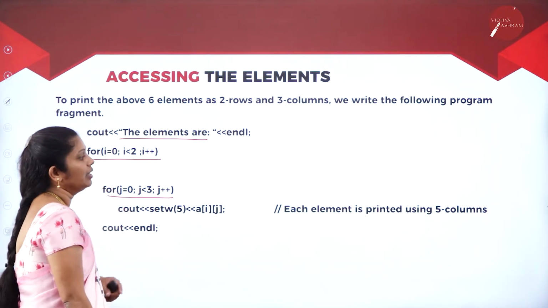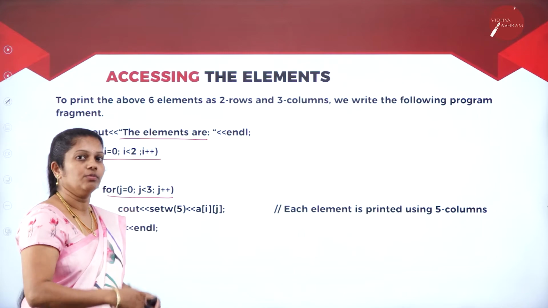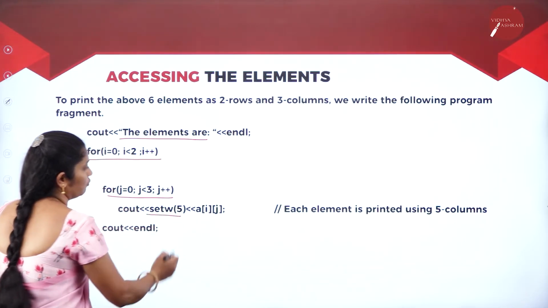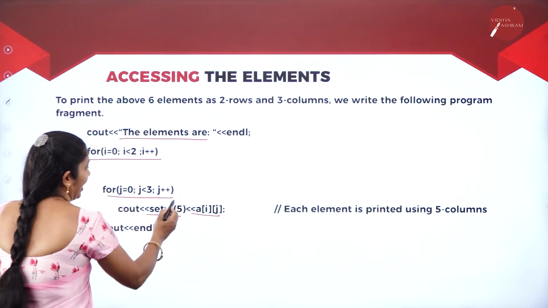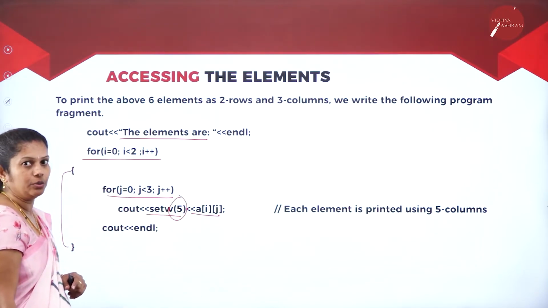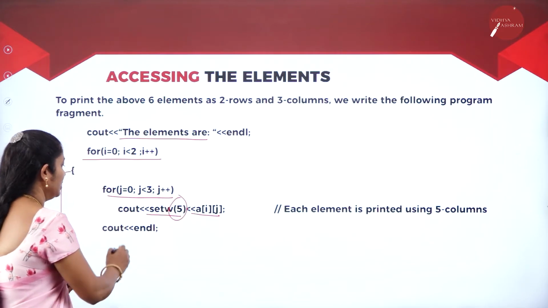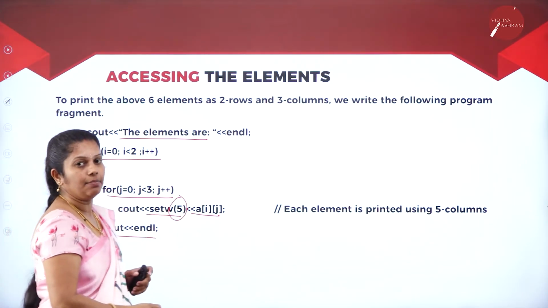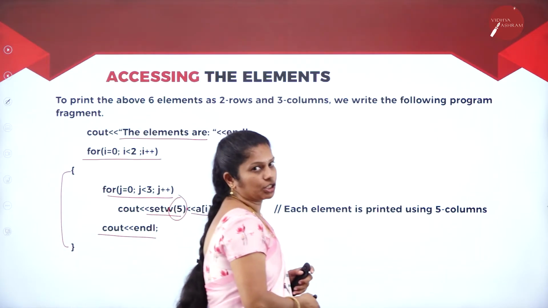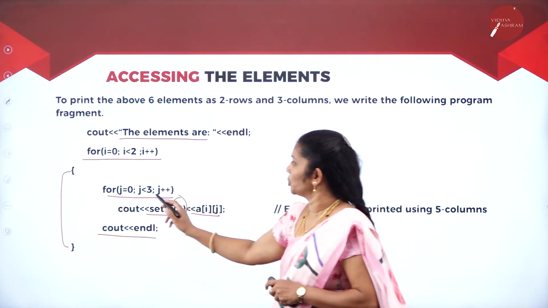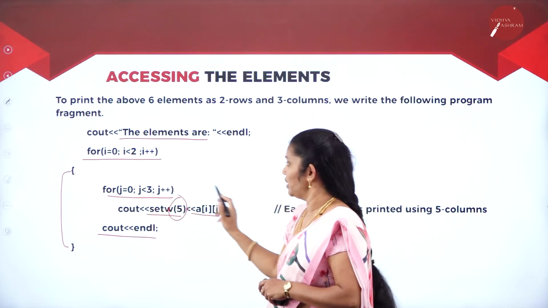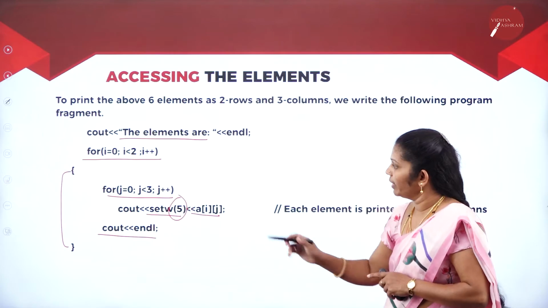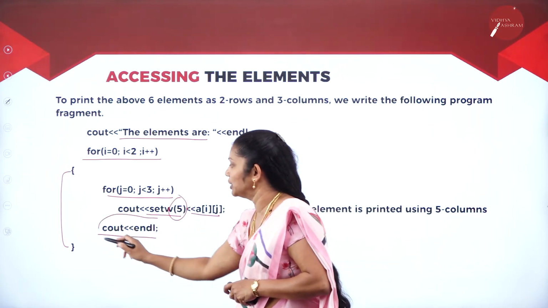That means 3 columns; how many rows and columns there are, you have to mention. Then write a of I is to j. In between we need a space, and then we print the array elements, then end of line. That means by this pattern we can print the 2-dimensional array. After displaying the first row, it has to move to the next row. That's why we are using the end line function.